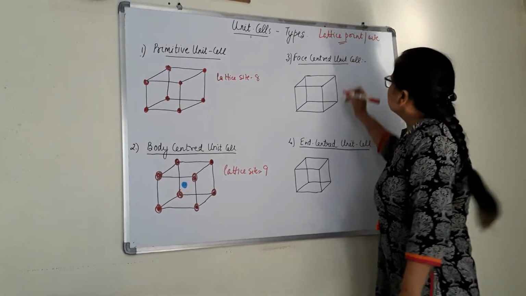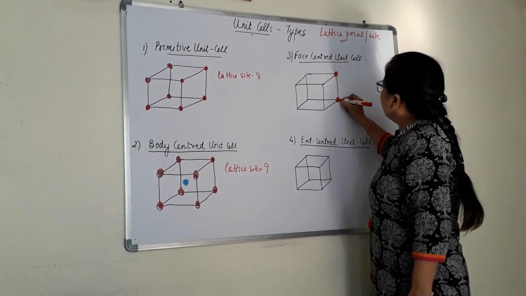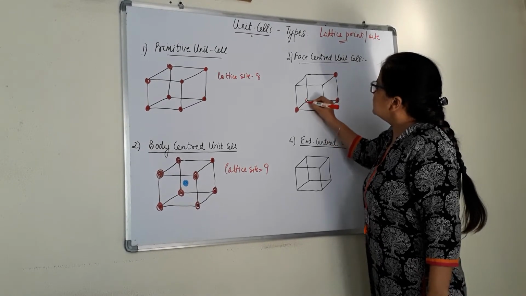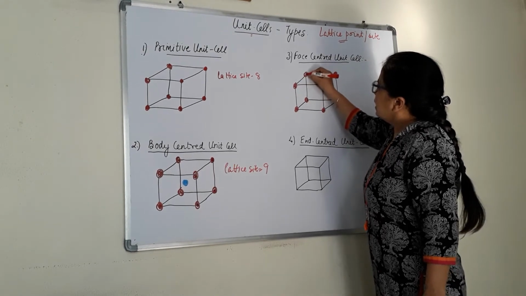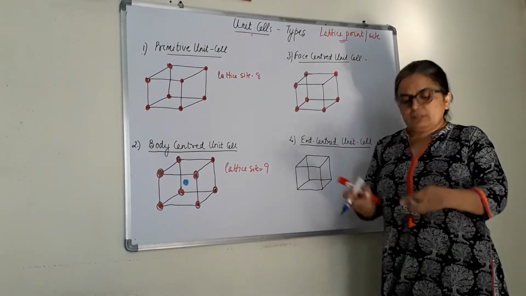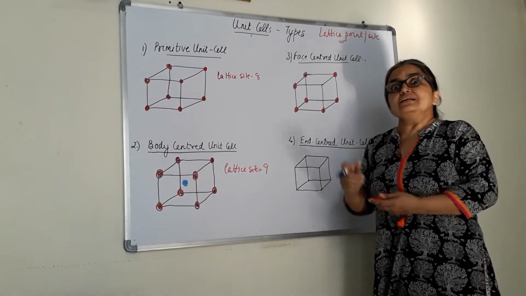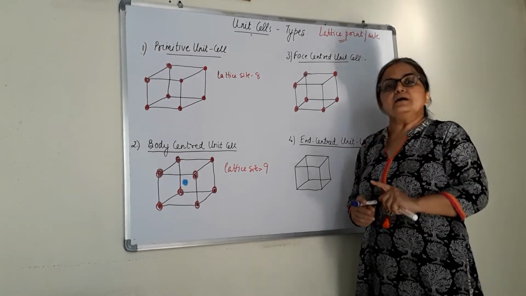Now, the face-centered unit cell. What is a face-centered unit cell? The constituent particles are present on all the corners. Apart from being present at all the corners, the constituent particles also occupy the center of the faces. There are 6 faces in a cube.